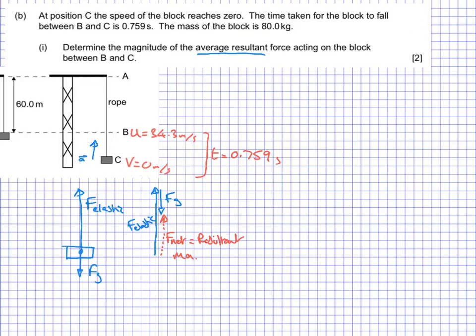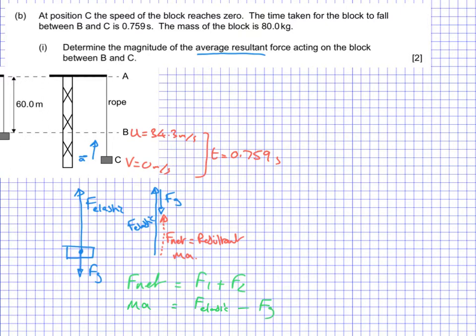So we could probably add on to this, again, just looking at our skills. We could do an F net. So the F net is the sum of all the forces. There's going to be 2 here. So the F net is going to be my ma, and that's going to be one of my forces going up, we'll call that the force elastic, minus the force of gravity going down.